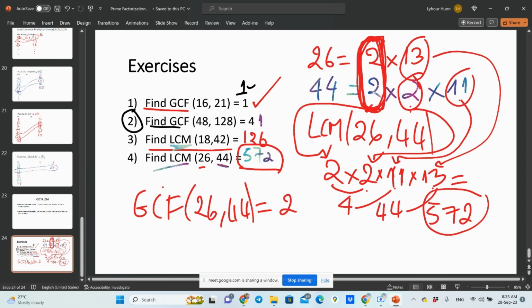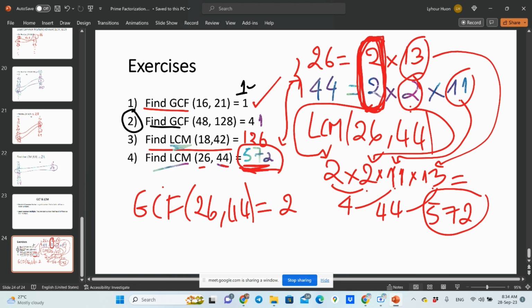So for some kind of big number, I think this method is faster, right? If we do it like yesterday, it takes about 15 or 20 minutes to figure out these 572.